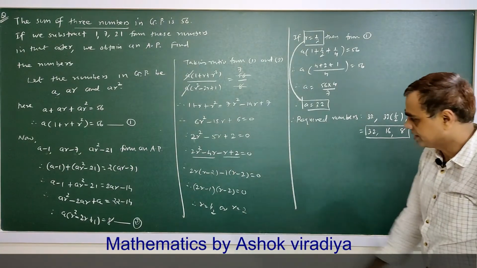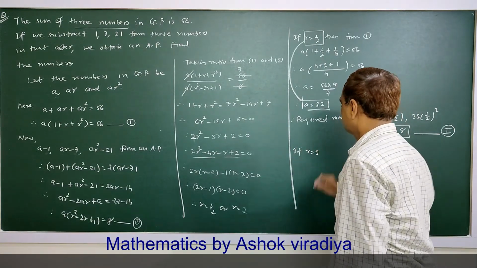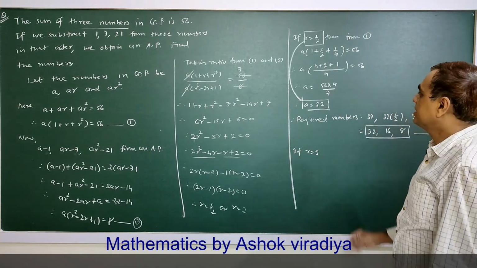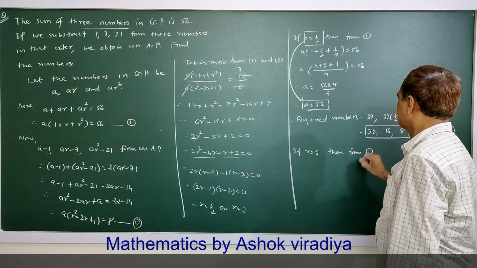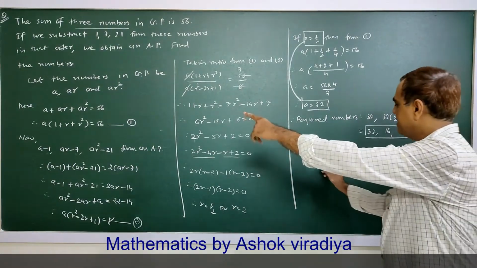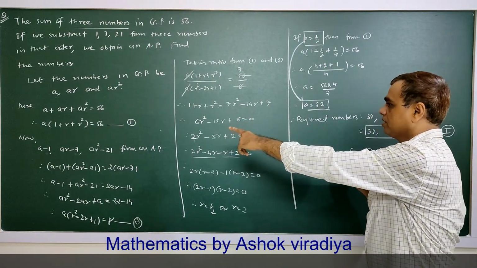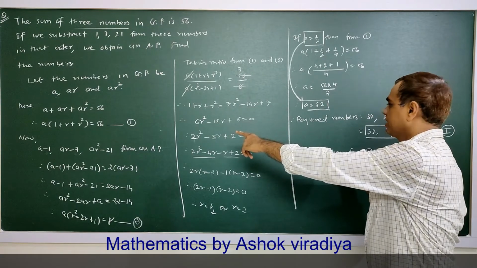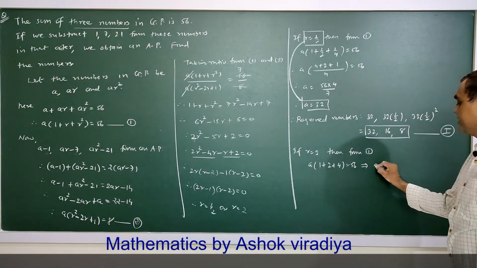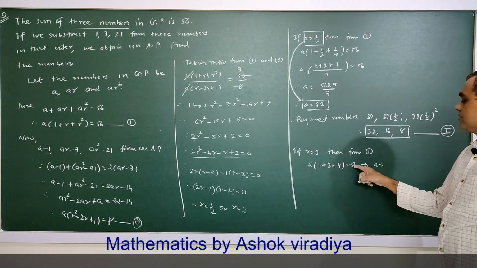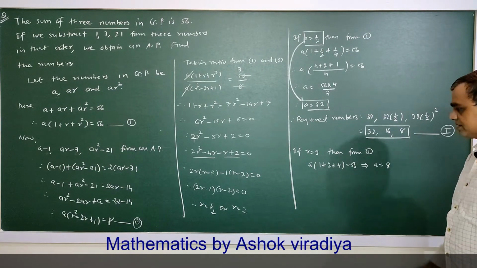Now second possibility, if R is 2, then again putting in equation 1, A into 1 plus 2 plus 2 square, 4, is 56. Therefore A is 56 by 7. A is 8.